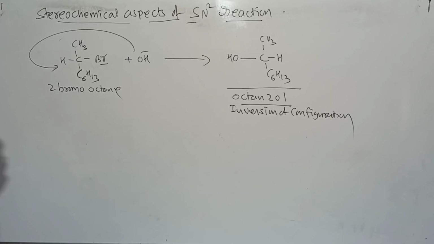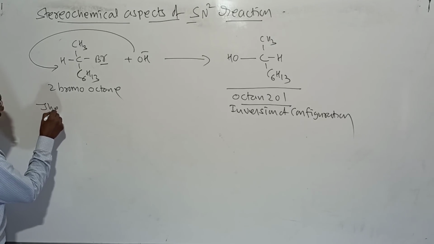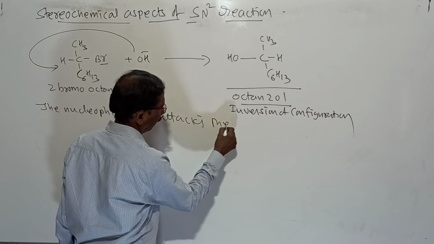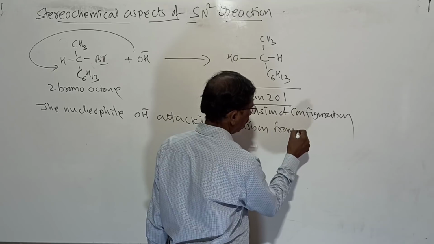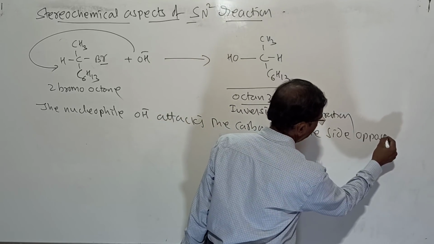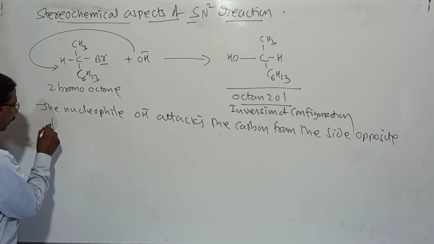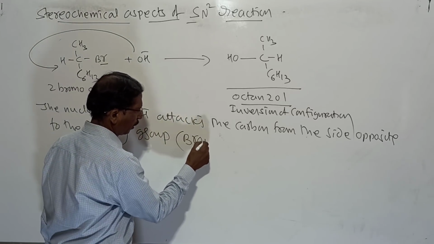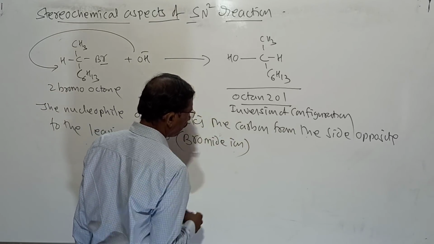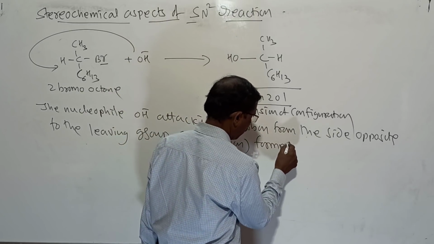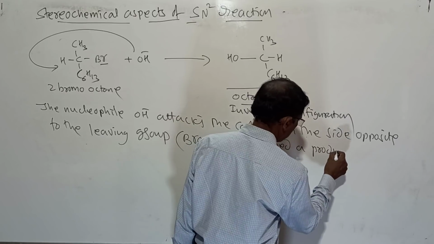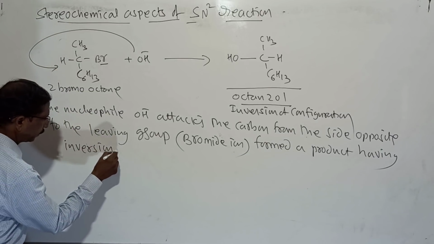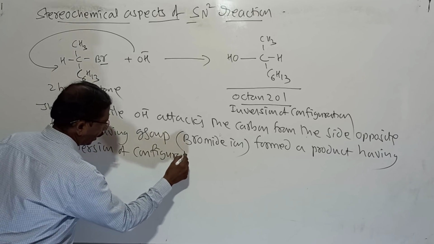It is because the nucleophile OH minus attacks the carbon from the side opposite to the leaving group, that is the bromide ion, forming a product having inversion of configuration.